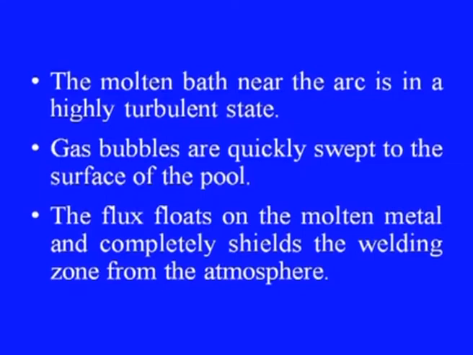The flux floats on the molten metal and completely seals the welding zone from the atmosphere. The flux blanket on the top surface of the weld pool prevents atmospheric gases from contaminating the weld metal.